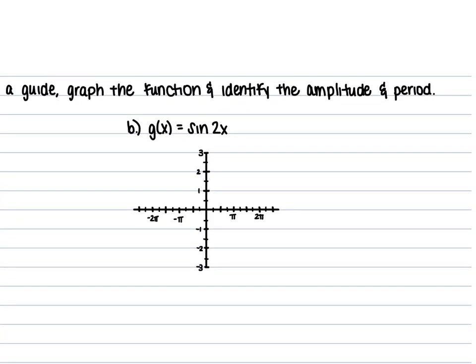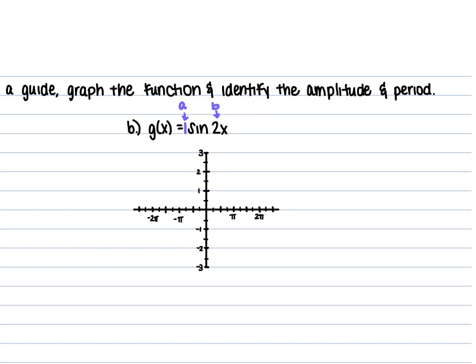For b, we have g of x is equal to sine 2x. So our a is just 1. There's no value in front of sine, so it's just 1. So 1 is your a. So we have an amplitude of 1. Your b is the 2.